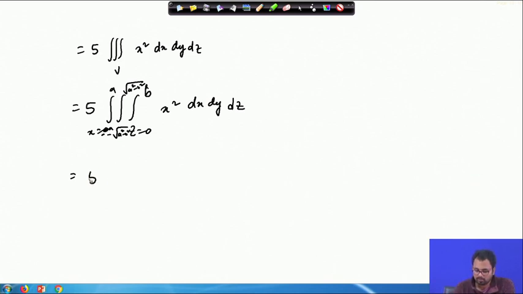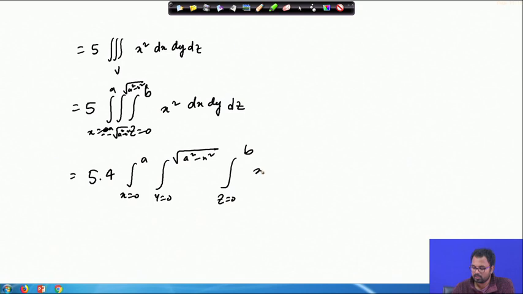So, this will become 5 times 4, and then this one is x running from 0 to a, y running from 0 to square root of a square minus x square, and z running from 0 to b, of x square dx dy dz.